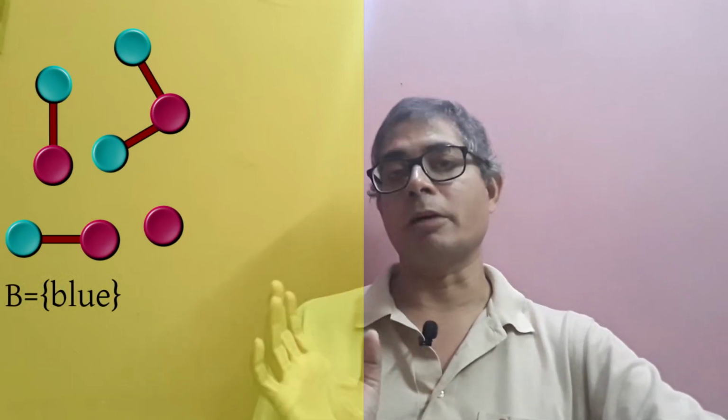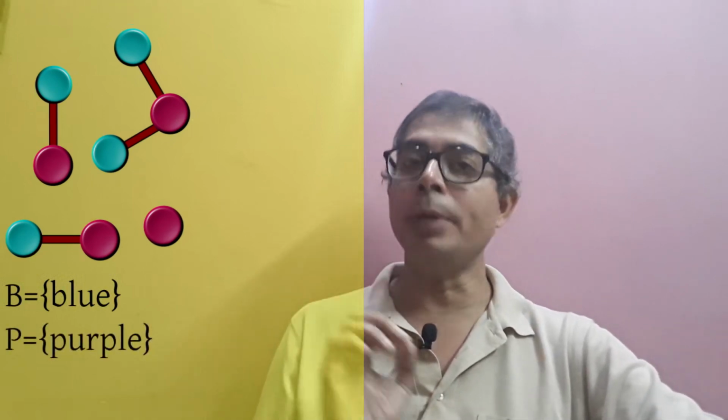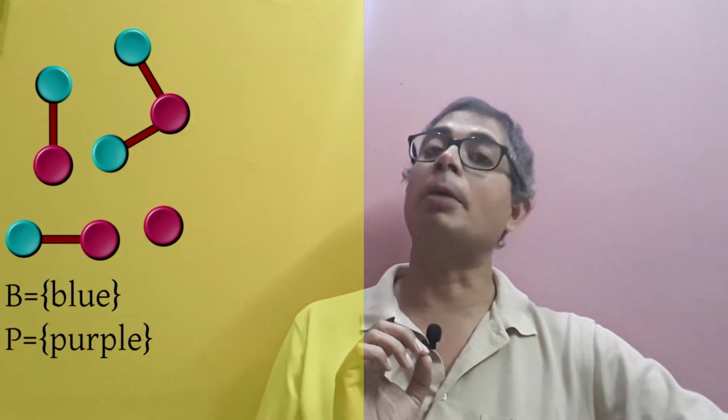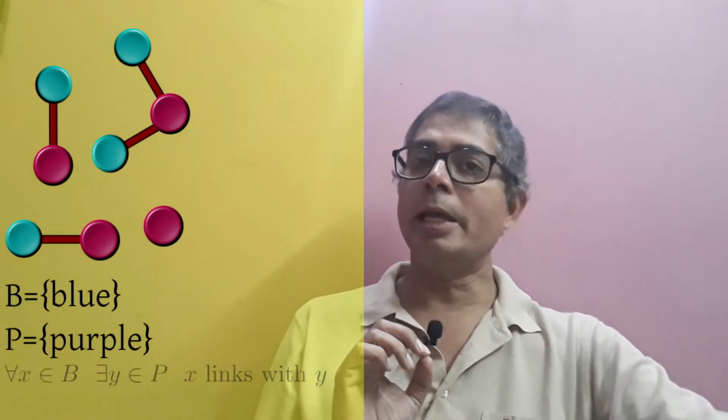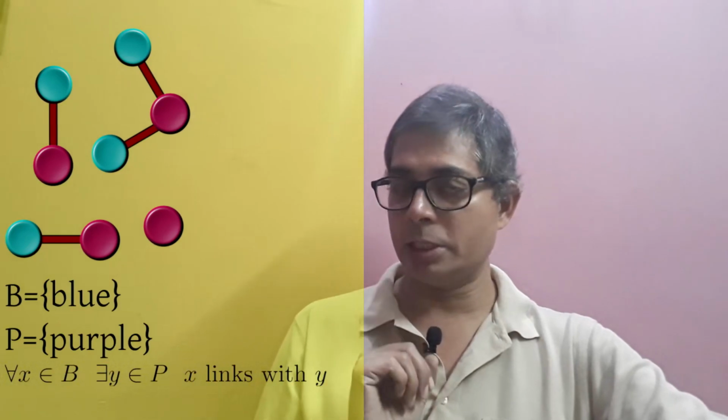Let's understand this with the help of an example. Consider this: some blue disks connected to some purple disks. Let B denote the set of all blue disks and P denote the set of all purple ones. Then is this sentence correct for this configuration that you see here?